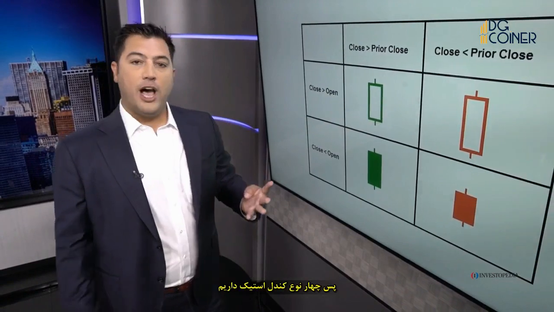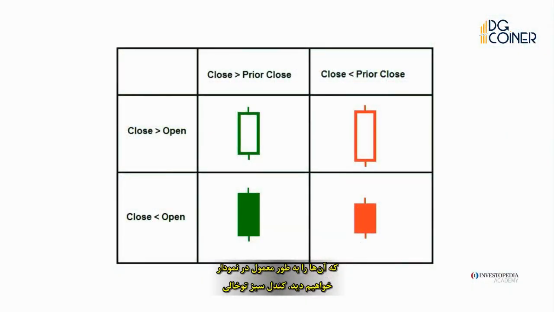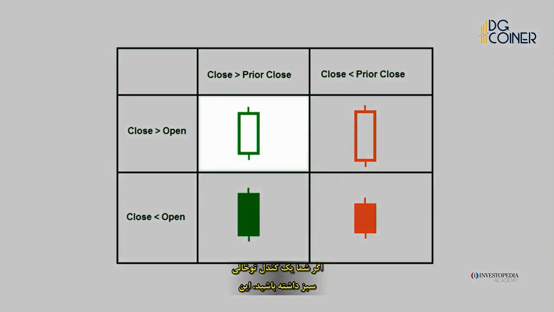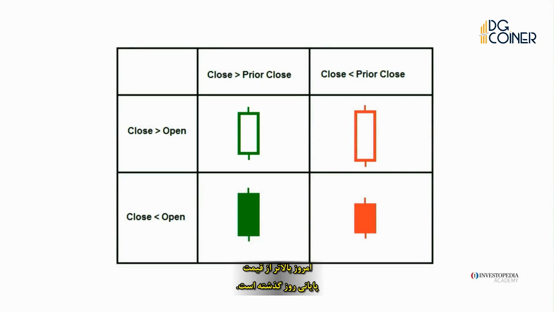There are four types of candlesticks that we're essentially accustomed to seeing: green hollow ones, red hollow ones, green filled ones, and red filled ones. Let's go over this again. If you have a green hollow candle, that means the close is above the opening price, and the close is also above the prior close.